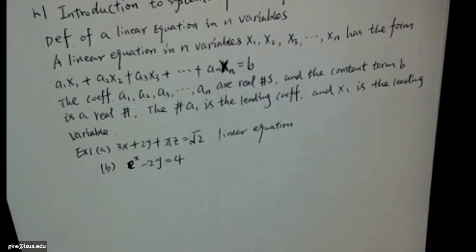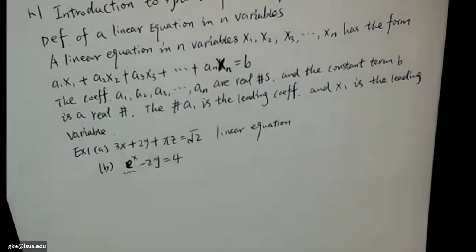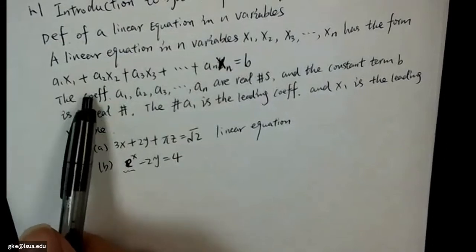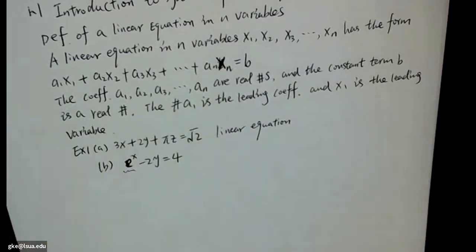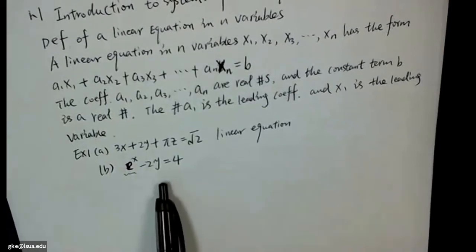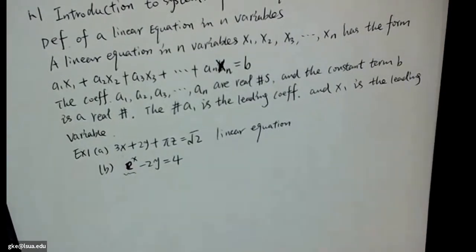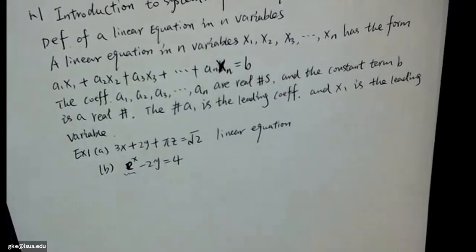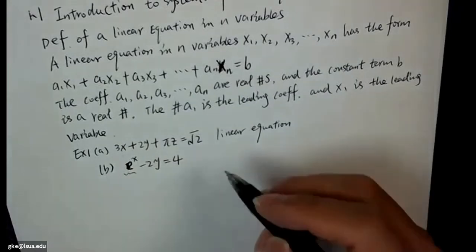No. The answer is no, because this term is not a linear term. You couldn't split e to the power x into something times x. A linear term should be a constant times a variable, right? That is an exponential function. It's not a linear term. So since this is not a constant times a variable, this is not a linear equation.